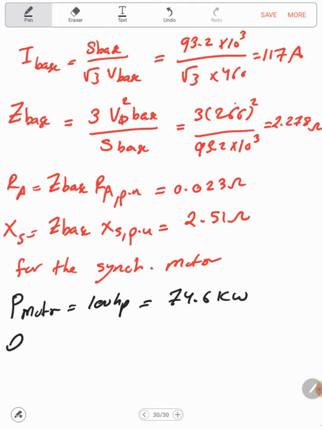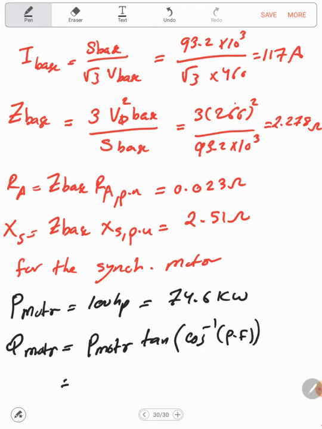So Q of the motor will equal P of the motor multiplied by tan of cosine inverse of the power factor, and this will equal 55.95 kilovar.